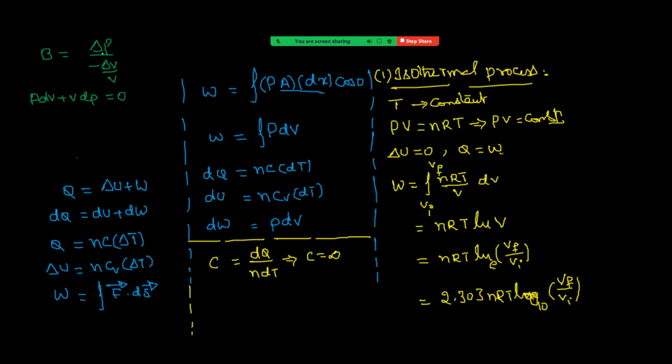From this we get P equal to minus dP by dV by V. See carefully once: P dV plus V dP equal to 0, differentiating PV equal to constant, then P equal to minus dP by dV by V. That means the bulk modulus for an isothermal process is equal to the pressure of the gas.